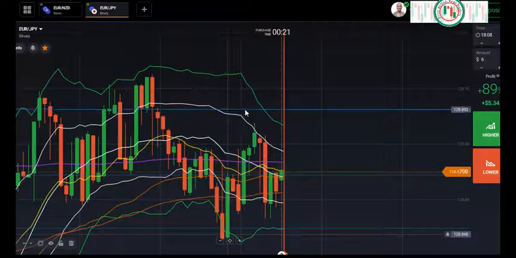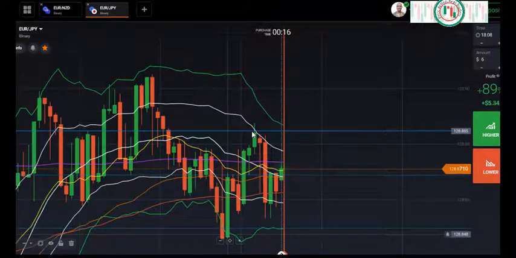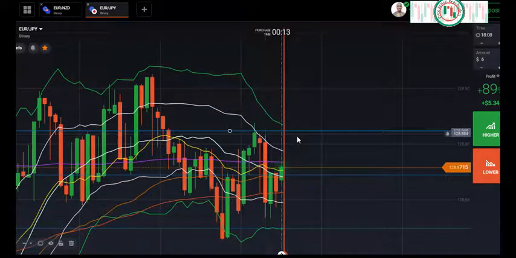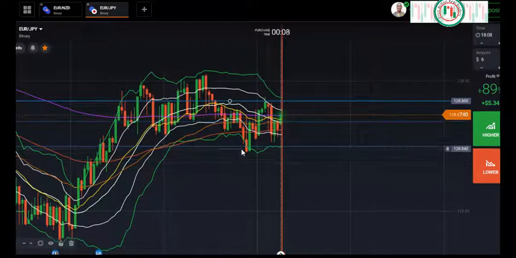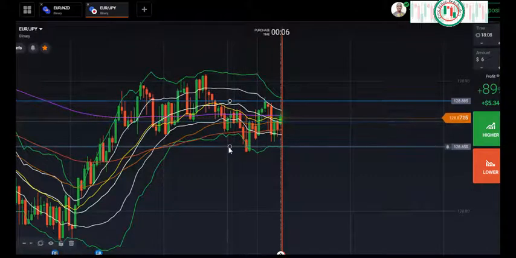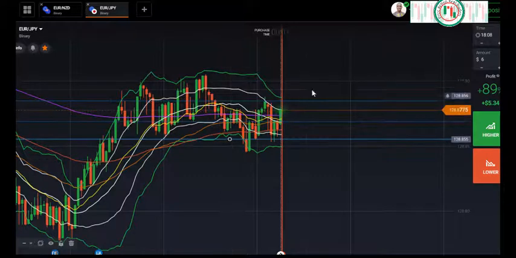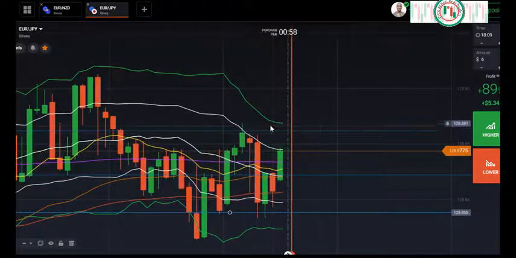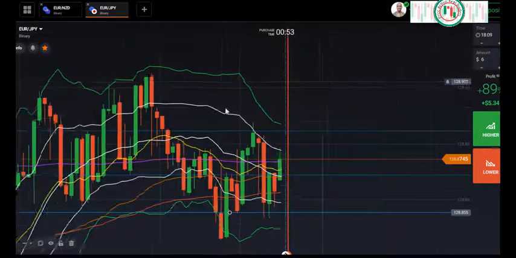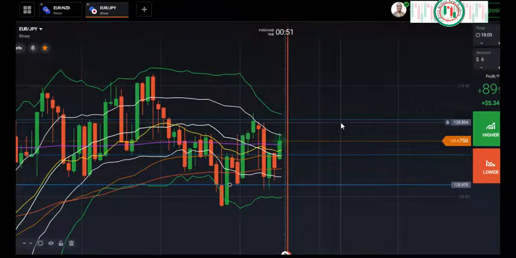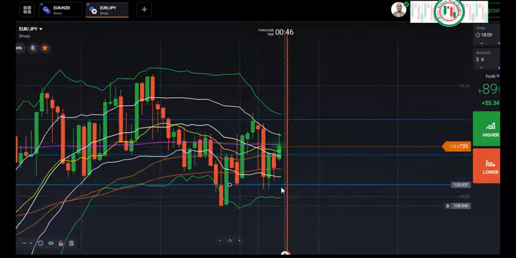So here maybe, or here, yes. If market comes to this area I will trade, or if market comes to this area I will take my trades. It is here and here. So I will take my trade from here or from here. Because you can see the market is not good, so you have to wait for the market to come to this area.